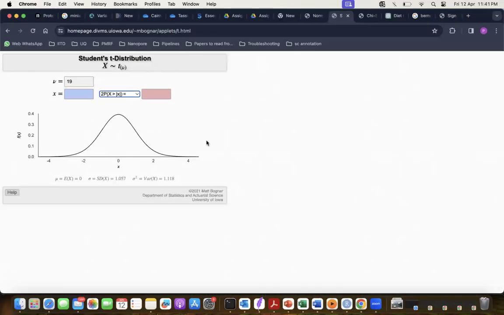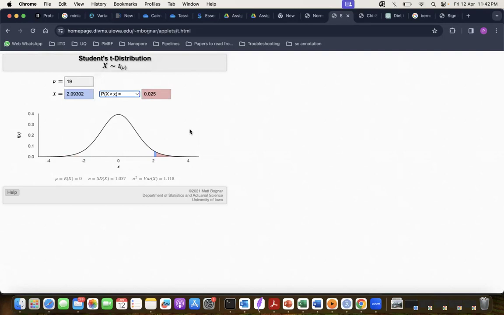Now in this case, twice of that area is going to be 0.05. I'll just write 0.05 here, press enter, and I get this value. It's 2.09 here and minus 2.09 here. Just to double check, if I write 0.025 here, it still gives me the same thing.